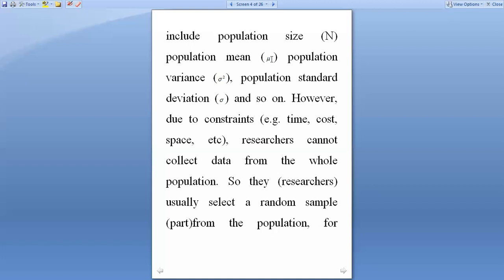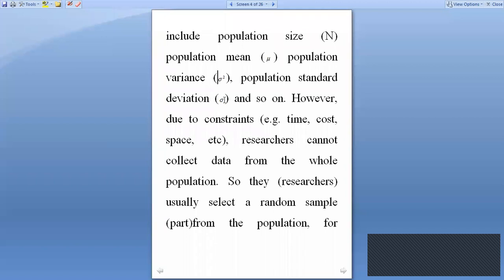We also have what we call population variance, which is abbreviated as sigma squared. I don't know how you call this symbol, but I call it sigma squared. We also have population standard deviation, abbreviated as sigma without a square. There are so many others.